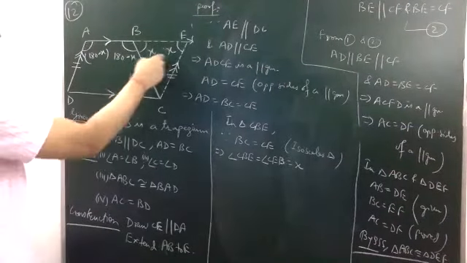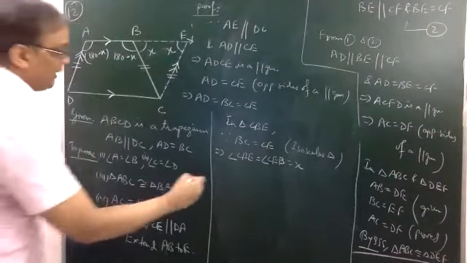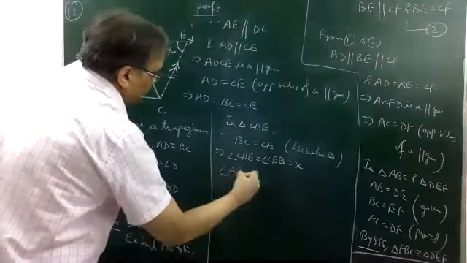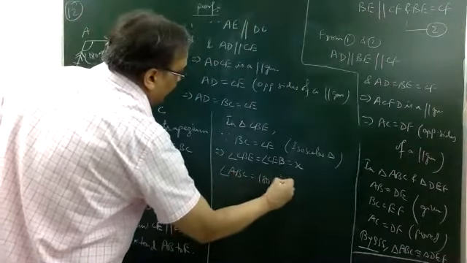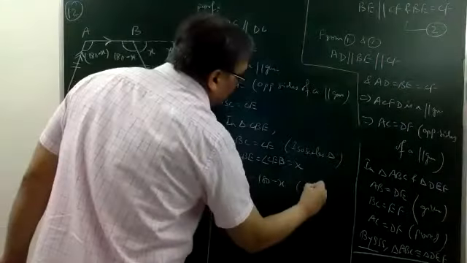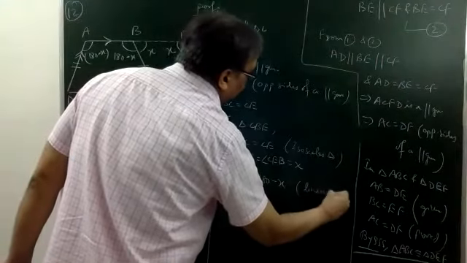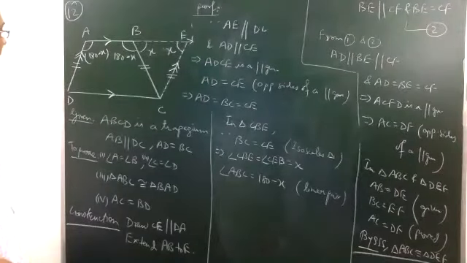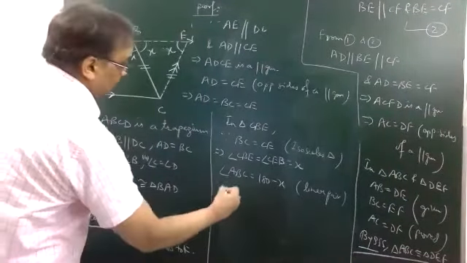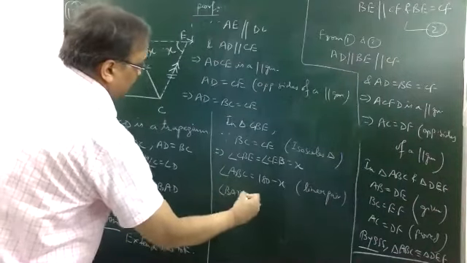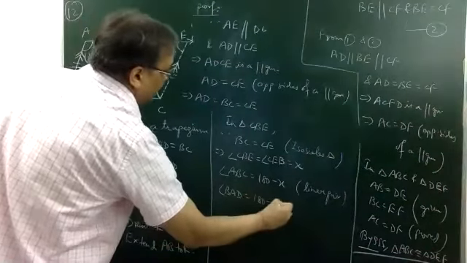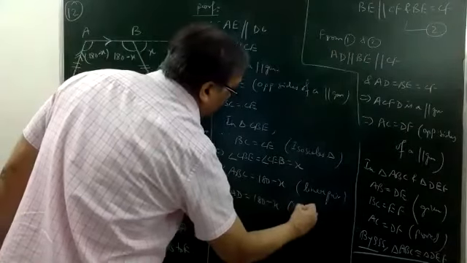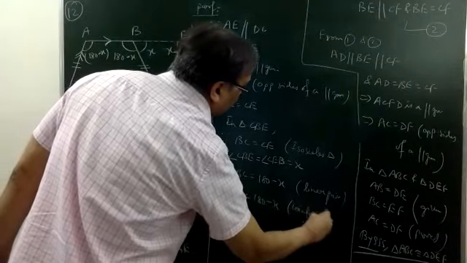Now if these two are X, angle ABC is 180 minus X, linear pair. And also angle BAD is also 180 minus X using co-interior angles.